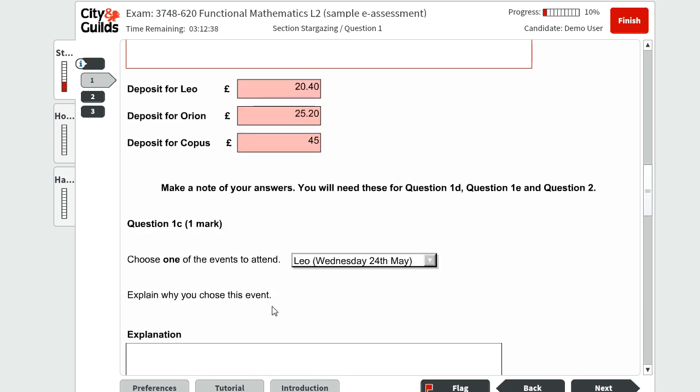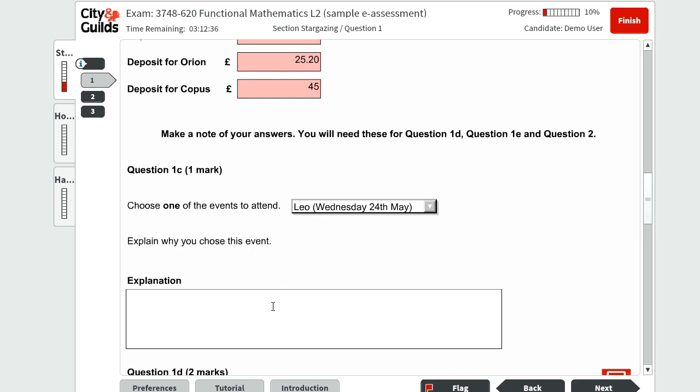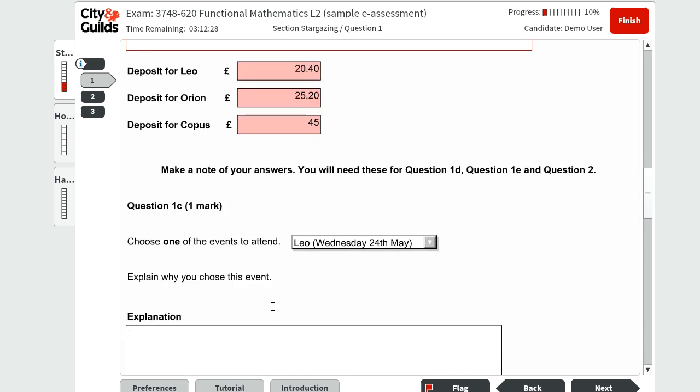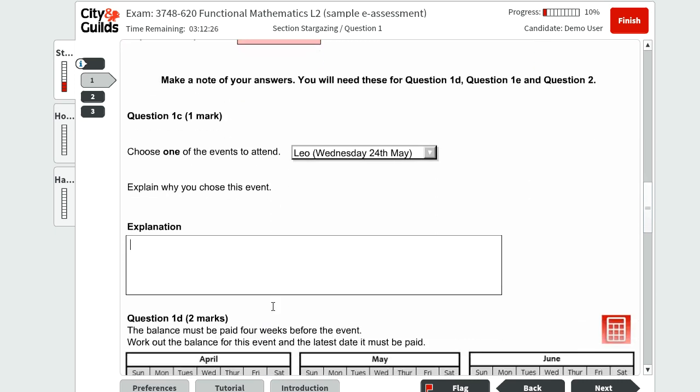So we'll pick Leo. This is question 1C. You can write something like Leo because it's the cheapest event.